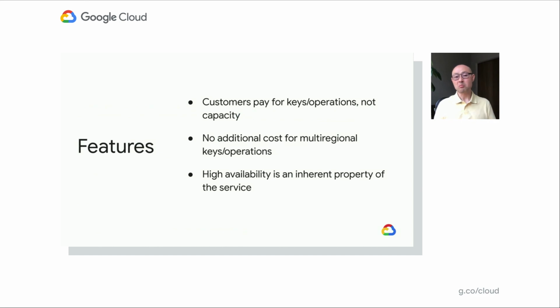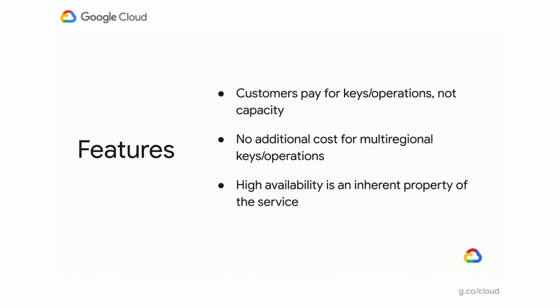There's no additional cost for multi-regional operations. Despite the fact that this key can span a vast geography, we don't charge any extra for that. It's the same cost that I just quoted above. And then finally, high availability is inherent as a property of the service itself. There's no requirement for you to take backups, store the backups, or do anything else like that.